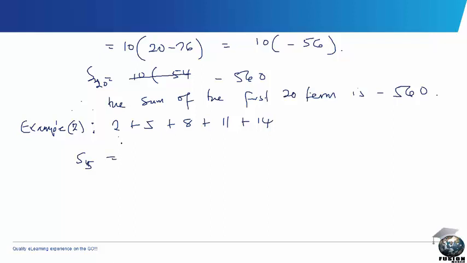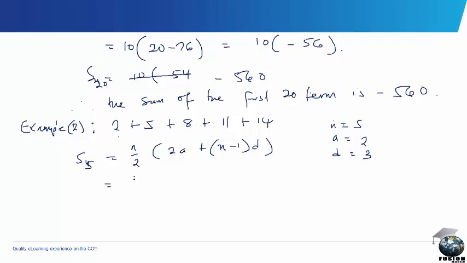X5 is equal to n over 2 times 2a plus n minus 1 d, where n is equal to 5, a is equal to 2, and the common difference d is equal to 3.